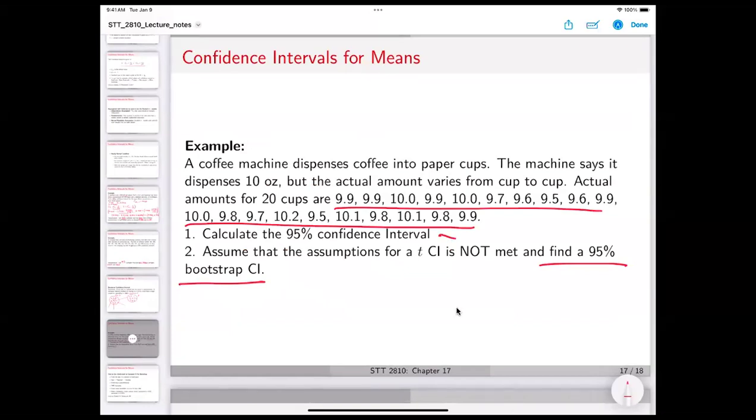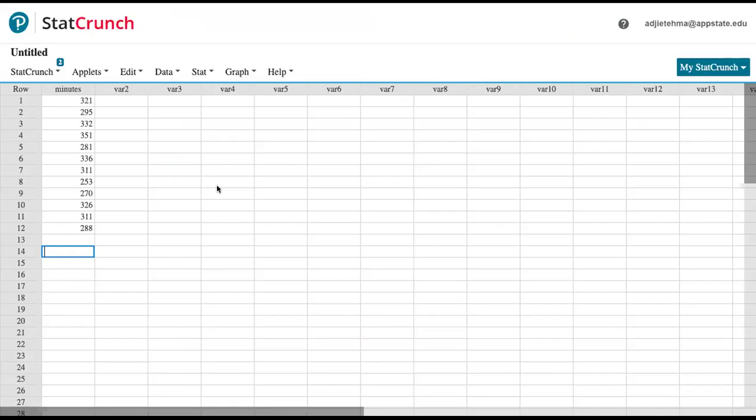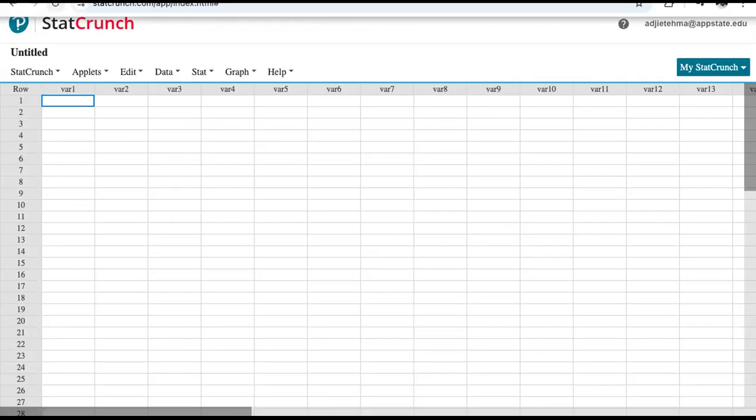All you have to do is input the data in StatCrunch. So let's input the data.